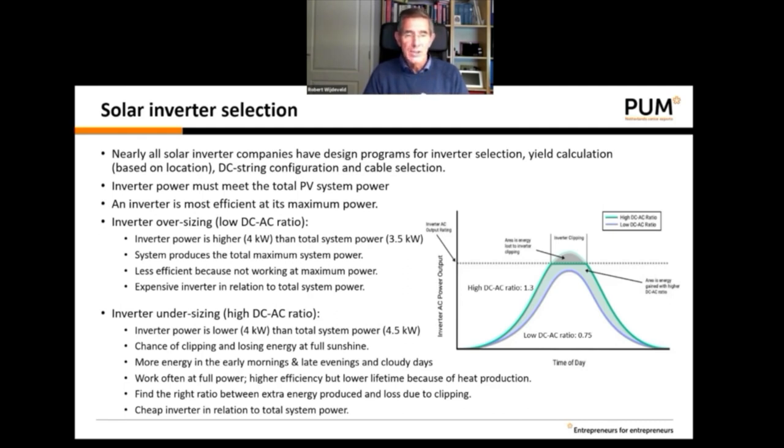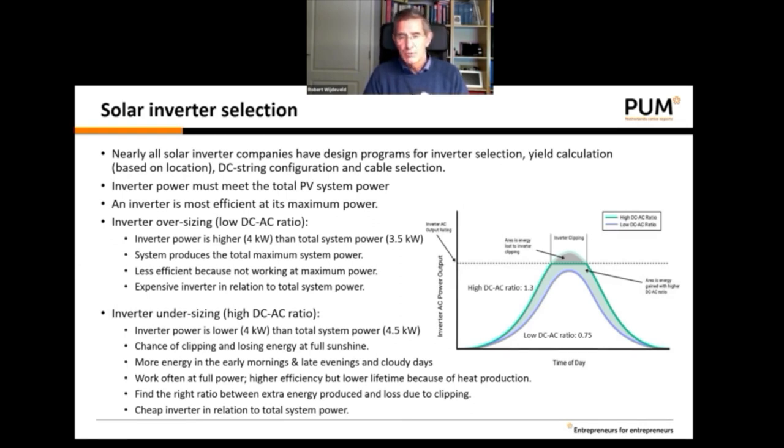But you have more energy in the early morning or late evenings or on cloudy days, because the total system power is higher. And for cloudy days or evenings, it doesn't matter. It will never reach the 4 kilowatt clipping area. This system often works with full power, so you have a higher efficiency.